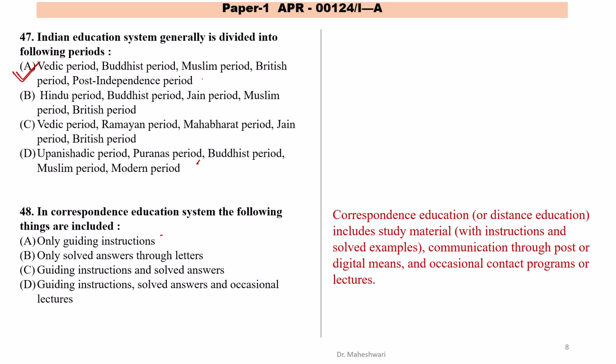Only guiding instruction, only solved answers through letters, guiding instruction and solved answers, guiding letters, solved answers and occasional lectures. The answer here is the last one, because everything is provided. Guiding instructions are there, solved answers are there, occasional lectures, online lectures will be there. So that is about correspondence education. Option D is the correct option.